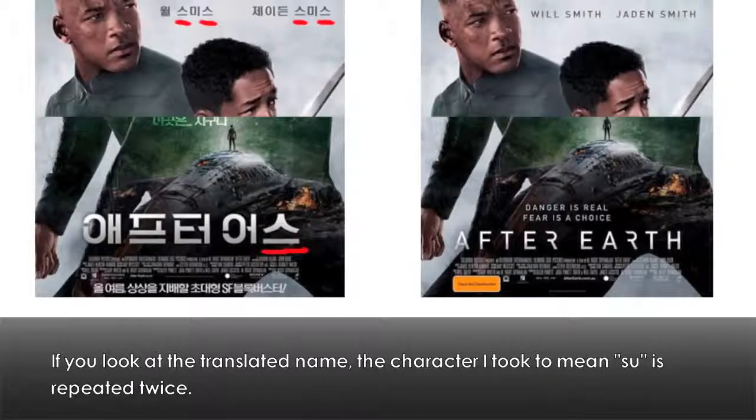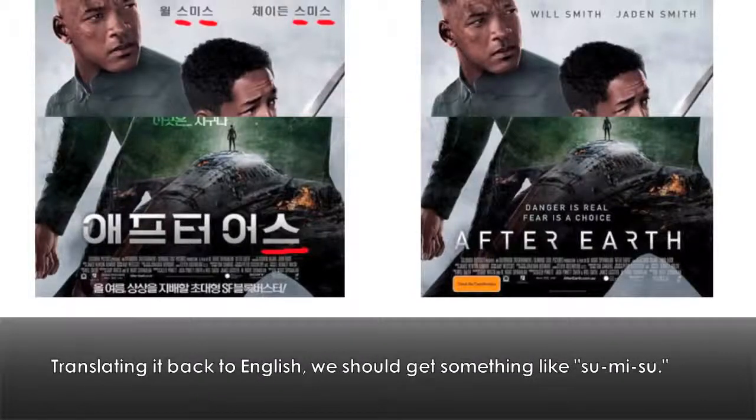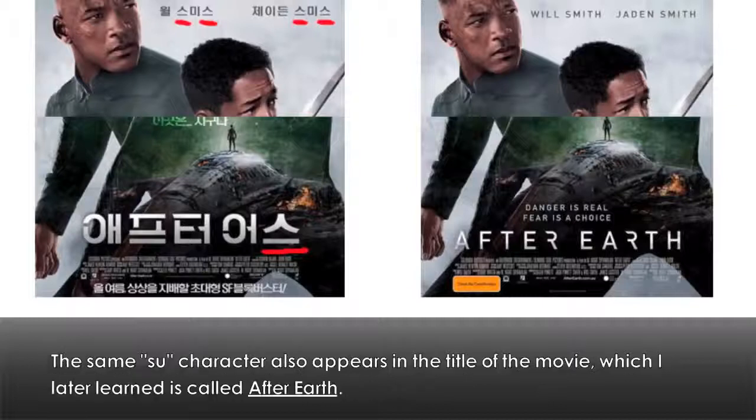If you look at the translated name, the character I took to mean Sue is repeated twice. Translating it back to English, we should get something like Sumisu. The same Sue character also appears in the title of the movie, which I later learned is called After Earth.